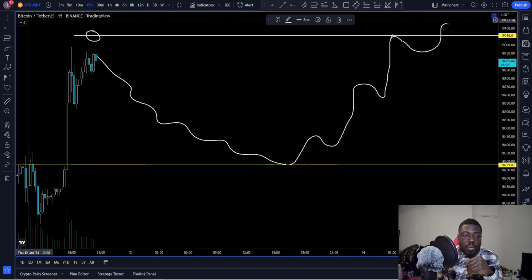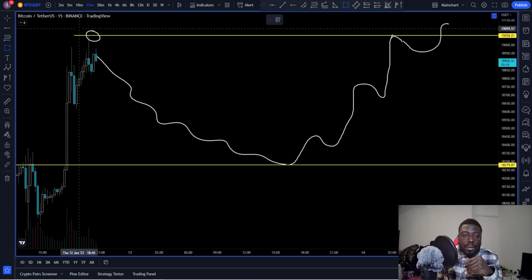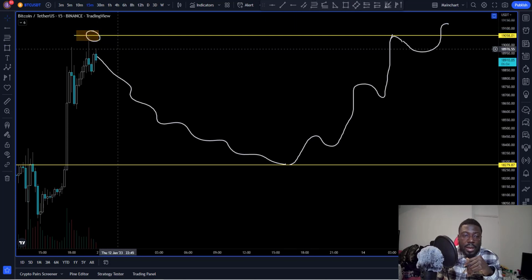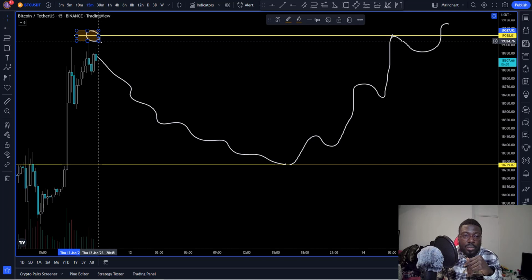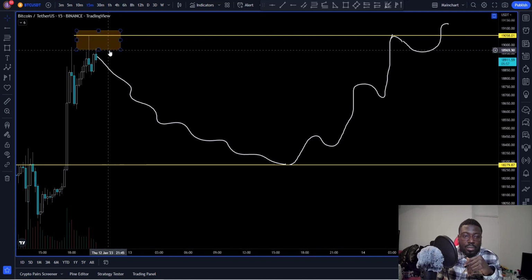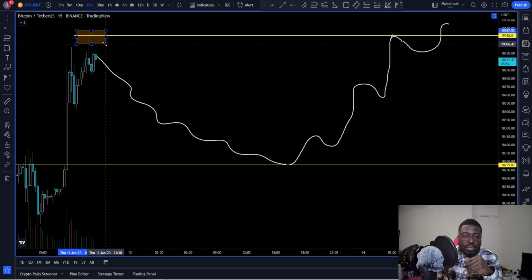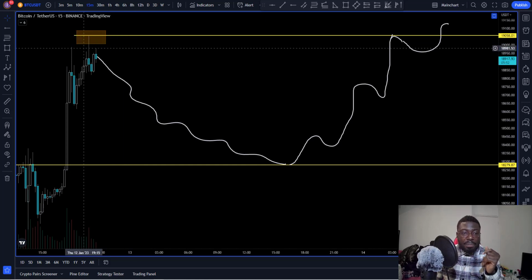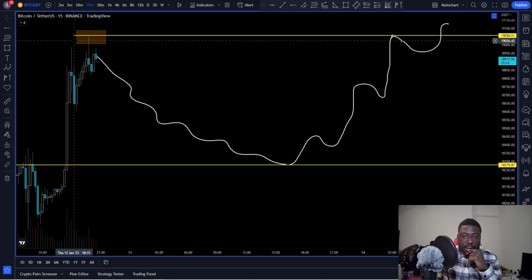This move we now took out this high here.